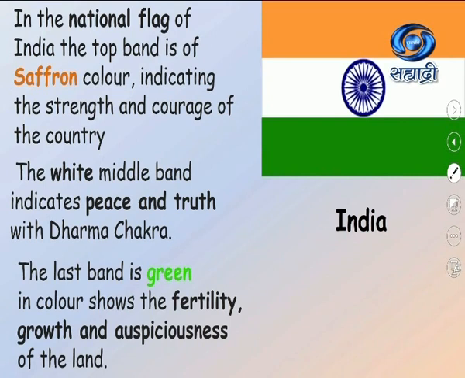The importance of the chakra shown over here is that it indicates that there is life in movement and death in stagnation. This flag was adopted on 22nd July 1947, whereas the Brazilian flag was adopted on 19th November 1889.